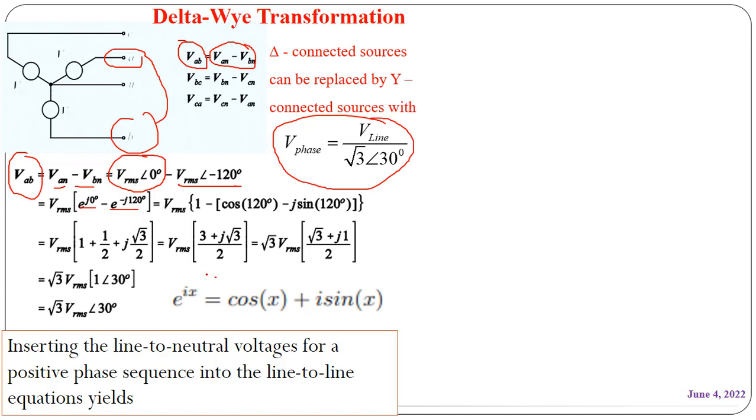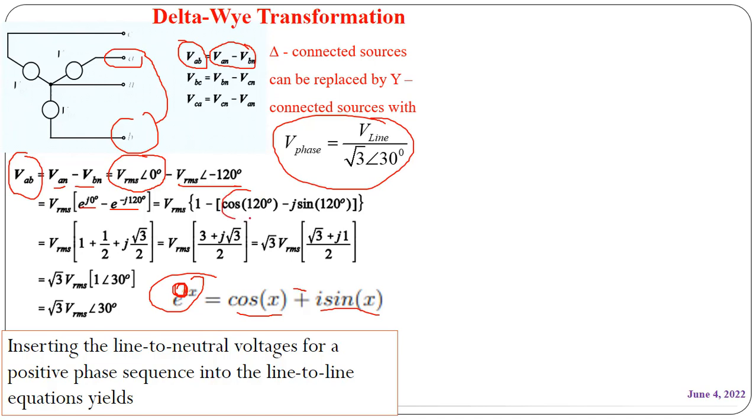Euler said that e to the power of jx is equal to cosine x plus j sine x if the number is positive, and if the number is negative, it is cosine x minus j sine x. Therefore, e to the power of j0 is cosine of 0 degrees, which is 1, plus j sine of 0 degrees, which is 0. Therefore, 1 minus e to the power of minus j120 degrees is equal to cosine of 120 degrees minus j sine of 120 degrees.